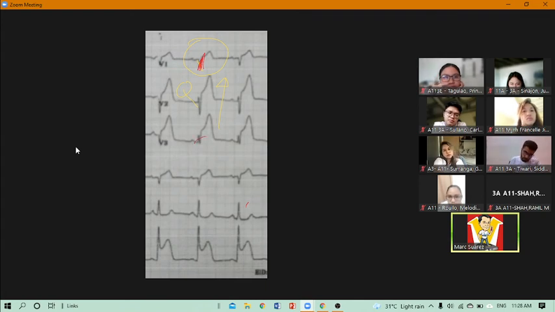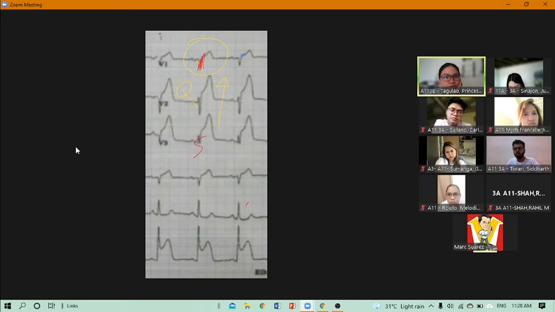The S wave is not really appreciated in V1, okay? So this is the Q, this is the R. The one marked by the blue dot will be the J point.